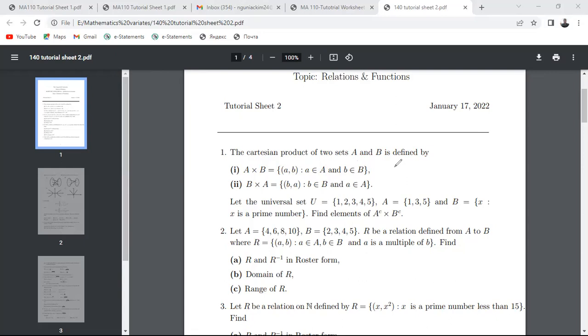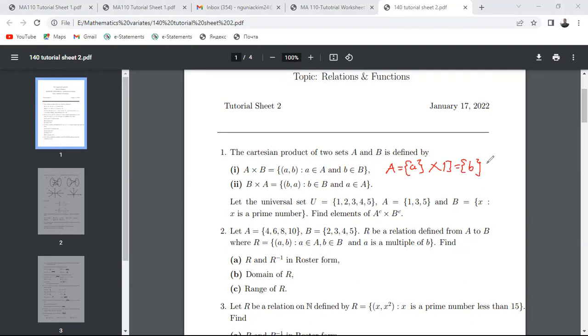So what do they mean? What they simply mean is, if you have sets like A, you have the element there, then you do it with B, and this B has the element, like that.